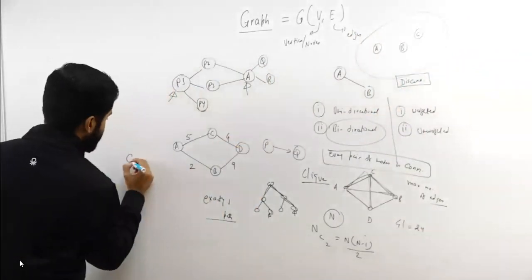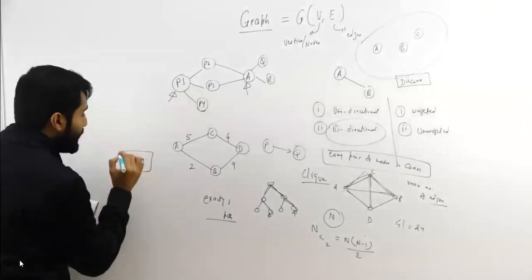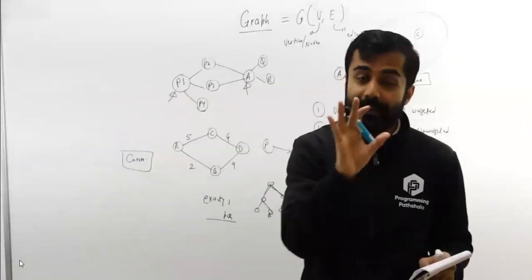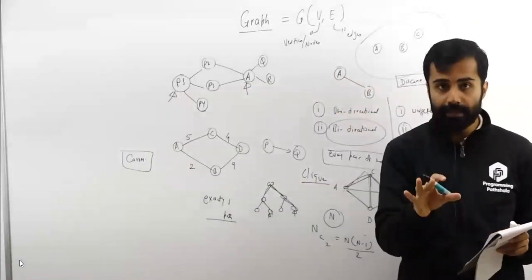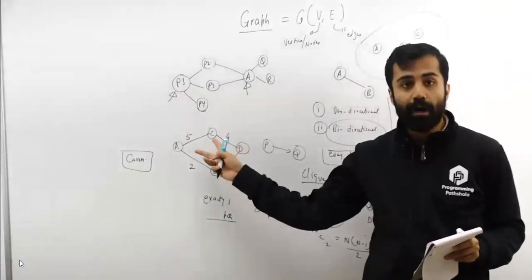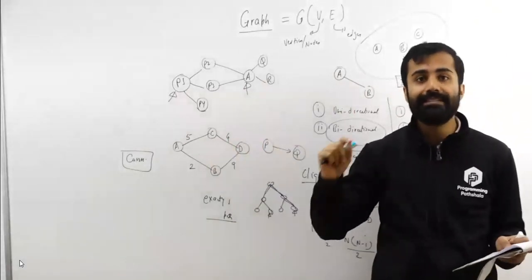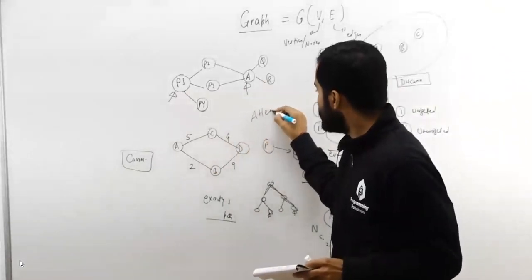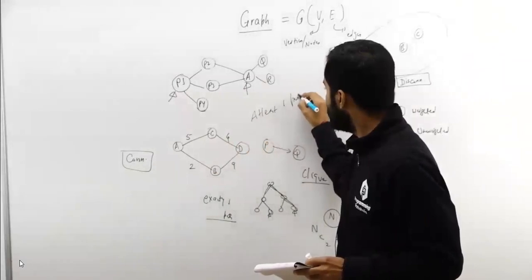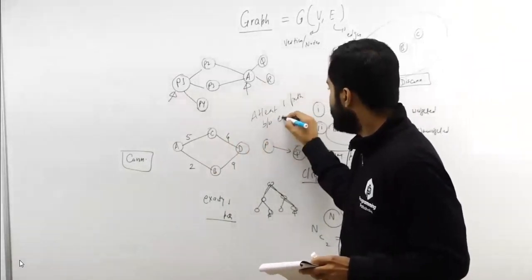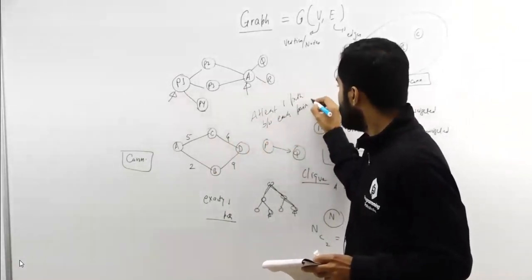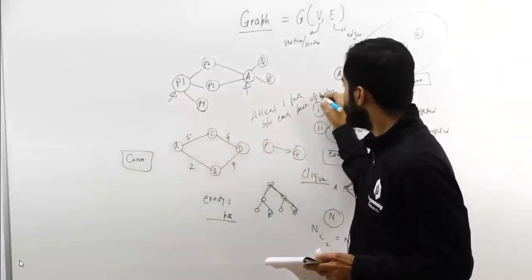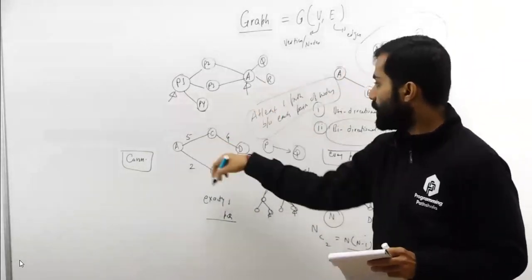A connected graph is one in which no matter what pair of nodes you choose, there is at least one path between each pair of nodes. This is what your connected graph is.